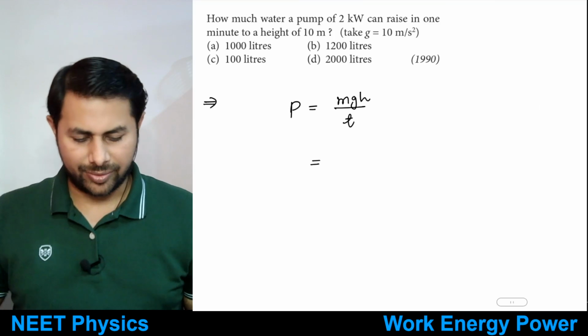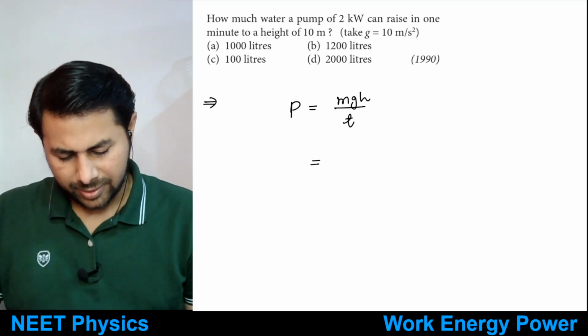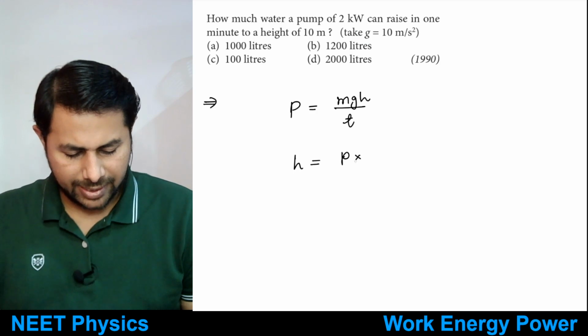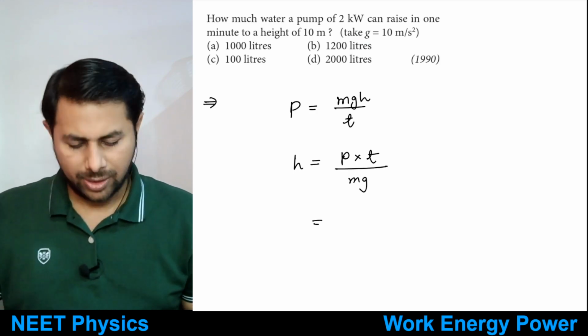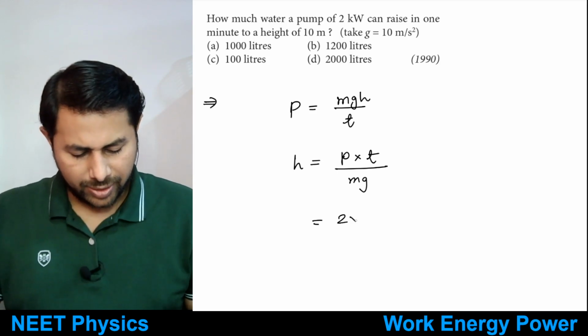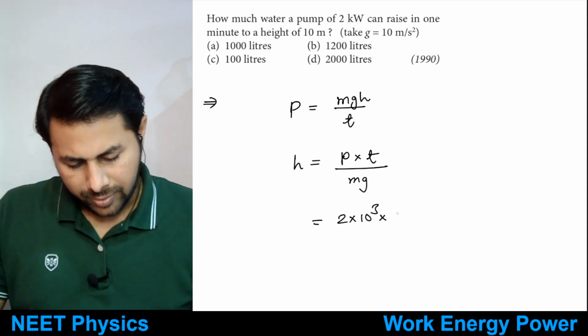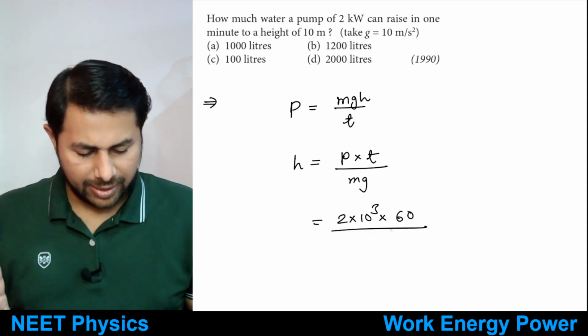This one is very old. So mgh divided by T, and P is 2 kilowatt, meaning 2 into 10 raised to 3, and time is 1 minute, meaning 60 seconds.